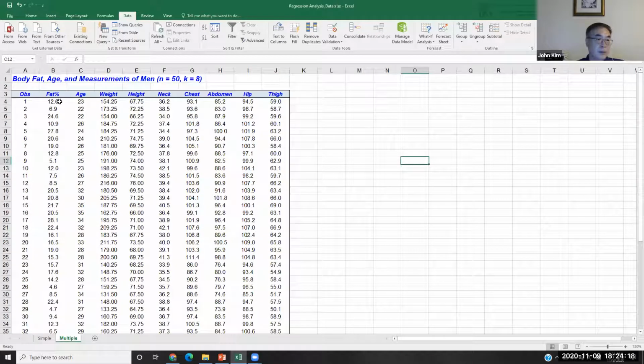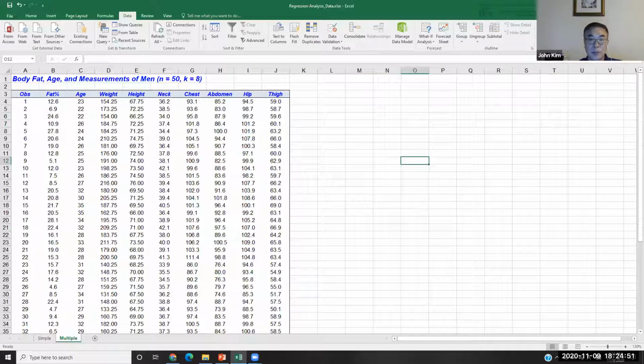And then fat percent will be the y variable, based on age, weight, height, the size of neck, chest, abdomen, hip size, and thigh size. Based on those, we can develop a multiple regression equation.